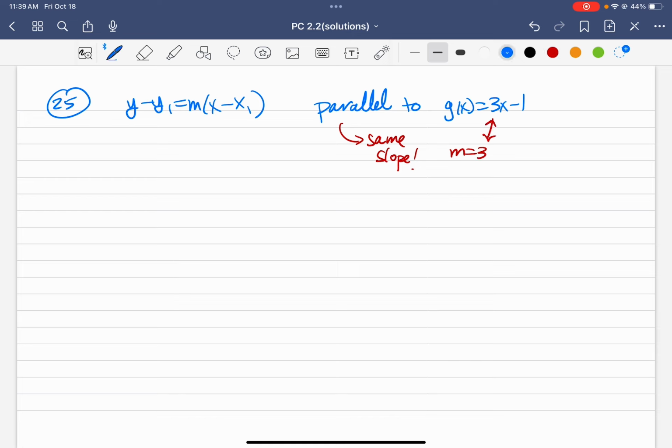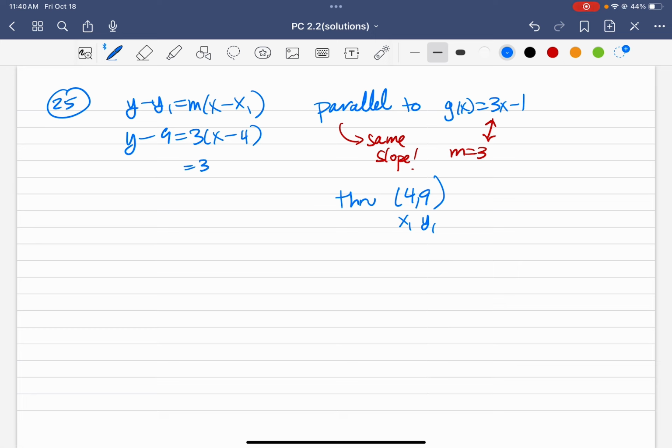And I want to go through 4, 9. I want to go through 4, 9, which means that's my x1, y1. So my y1 is 9, my slope is 3, my x1 is 4, and there's the equation of my line.